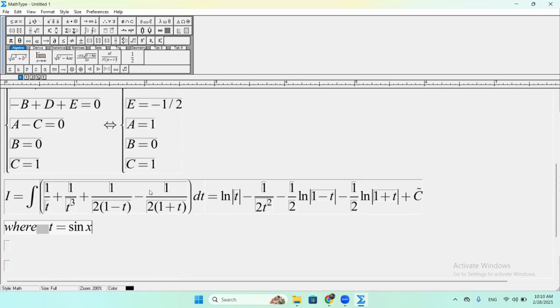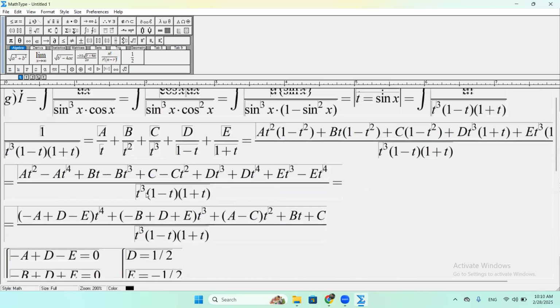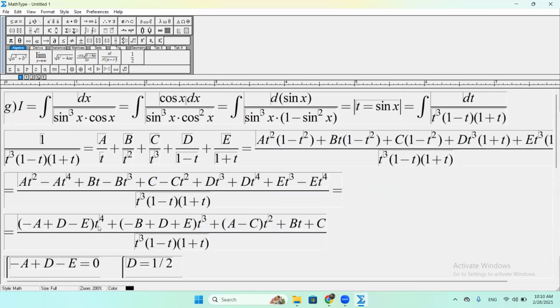Could you remind me why, for example, c equals 1, b equals 0, and so on? Yeah, so okay. Let's look at the coefficients in the initial fraction and in this fraction. For t to the power of 4, we have 0 in this fraction.